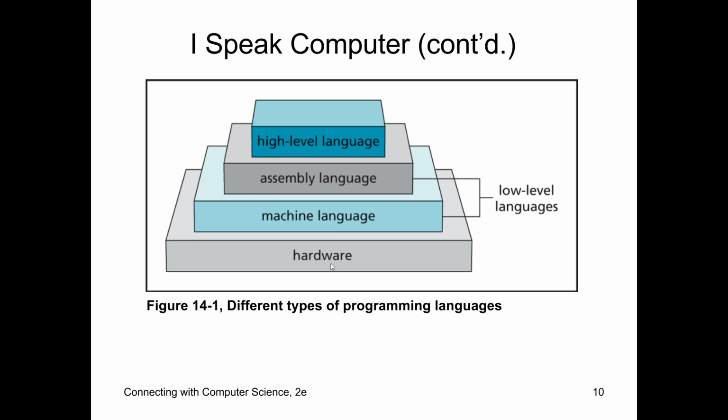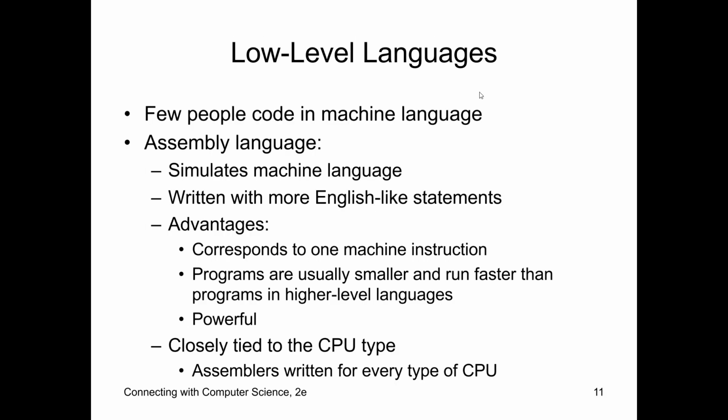So you'll notice that the more you go down, the more archaic the language is going to look. So very few people code in machine language. Most people start with assembler. And the big thing is it simulates machine language, and that's the key. It simulates it.